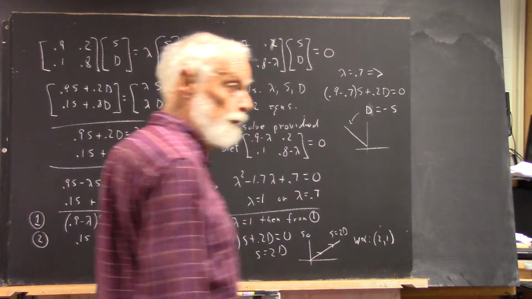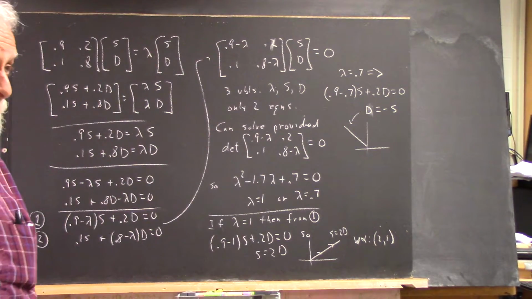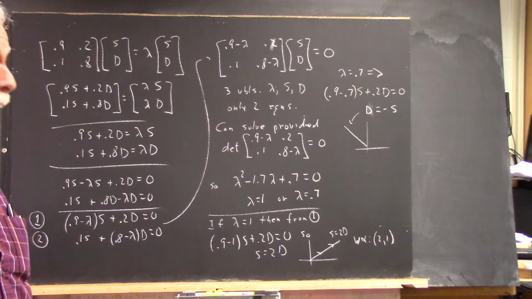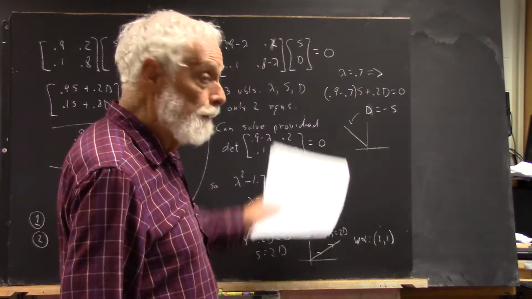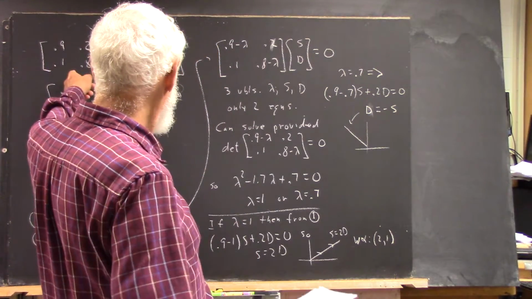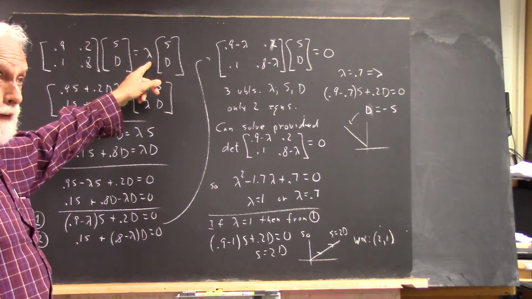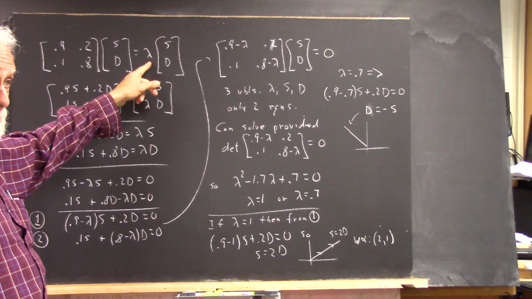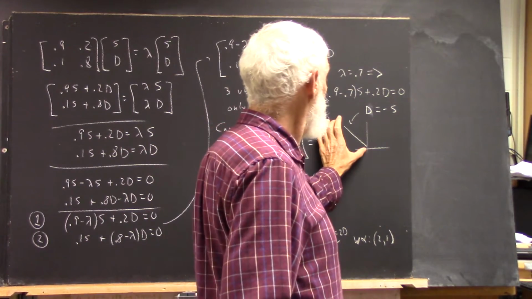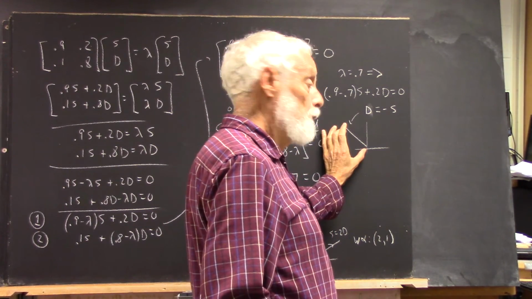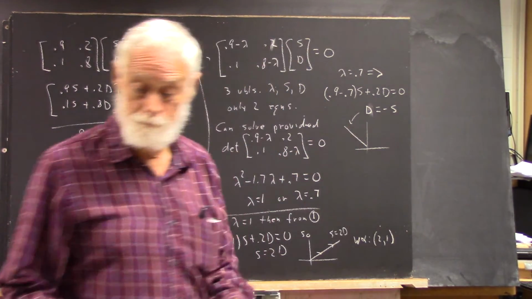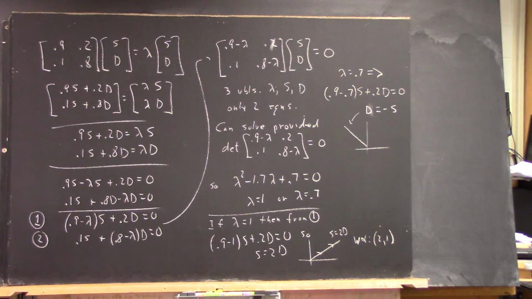Any vector along this line is an eigenvector. Okay? And any vector along this line, when you apply the transformation, gives you a vector parallel to it, but 7/10 as long, 70% of the length. So if you have a vector here and apply the transformation, it'll shorten it to this.